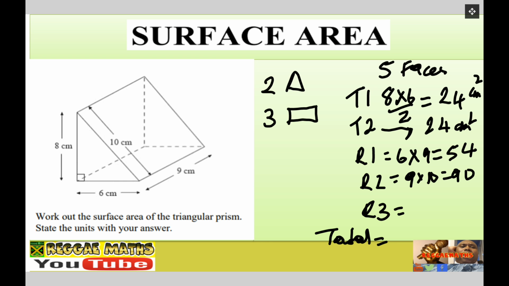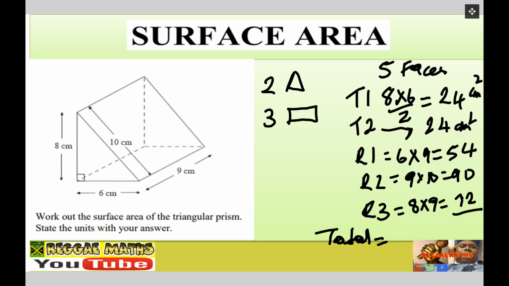And then at the back, there you got 8 times 9, 72. So you then add the total figures here, right?